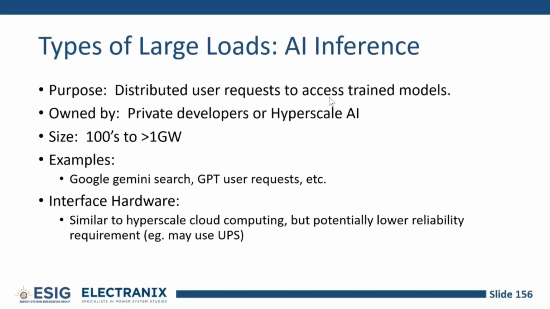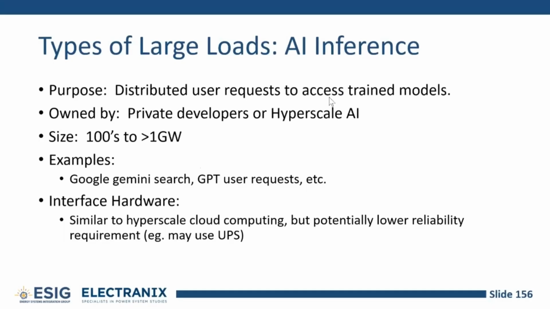And the interface hardware that they're using, actually, they take a step back sometimes in reliability. They do care about reliability, but I've seen some recent press releases from Microsoft showing that they go into extremely highly reliable grid locations, relying on the grid to be up, and they don't necessarily use UPS or diesel generator backup, which means that the interface to the grid might be power supplies again, okay?